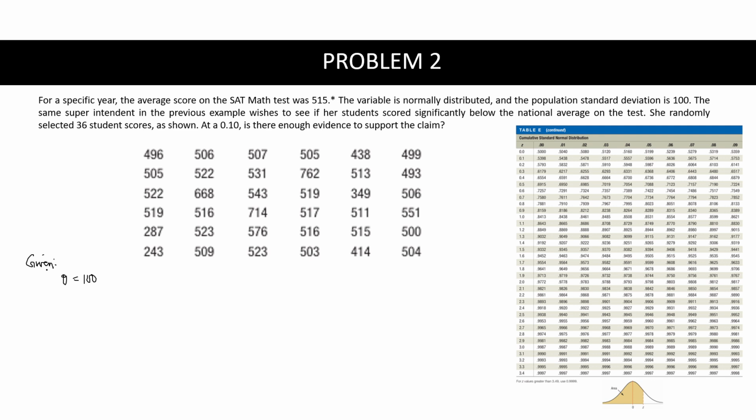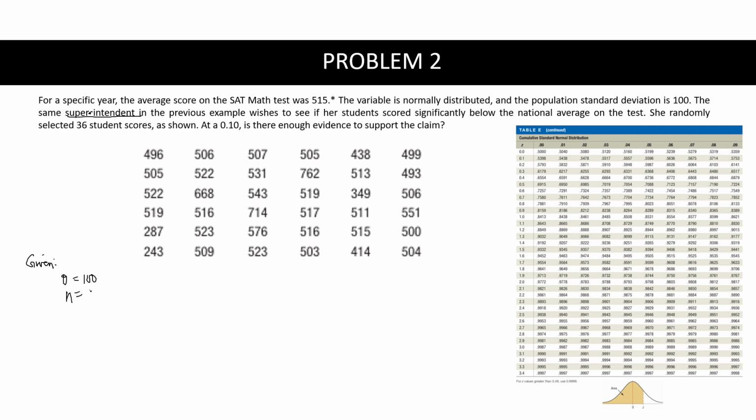What is the given? The same superintendent in the previous example wishes to see if her students scored significantly below the national average on the test. She randomly selected 36 student scores.